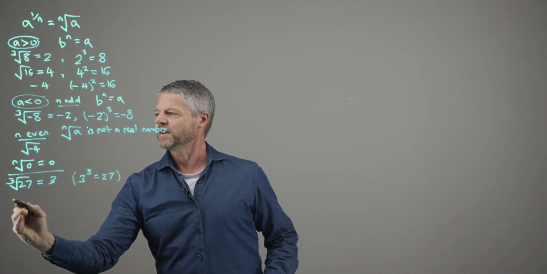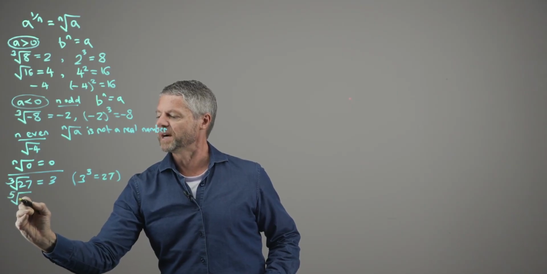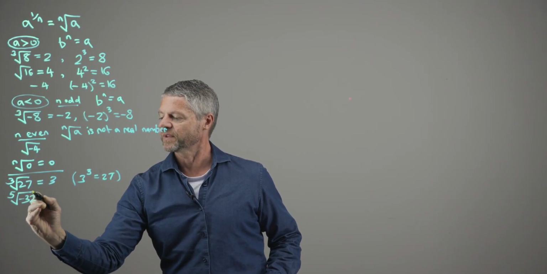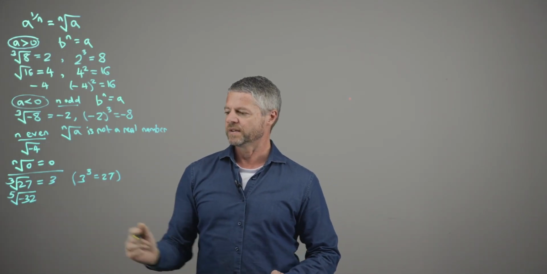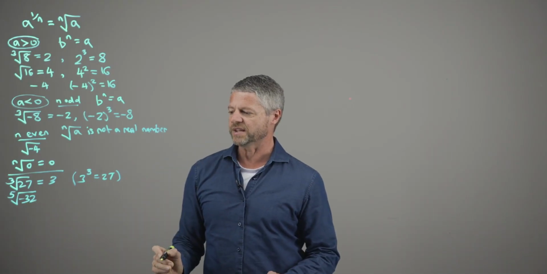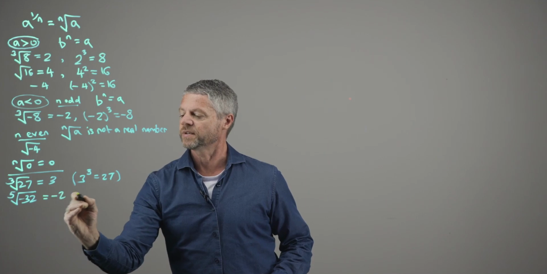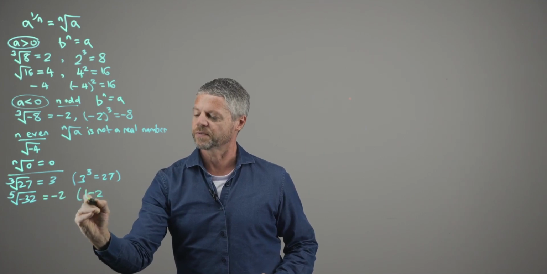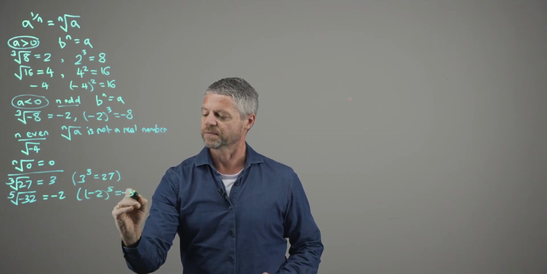Let's do the principal fifth root of minus 32. So we can do that because 5 is an odd number, and we've got an odd base here. And that comes to minus 2, because minus 2 to the power 5 is equal to minus 32.